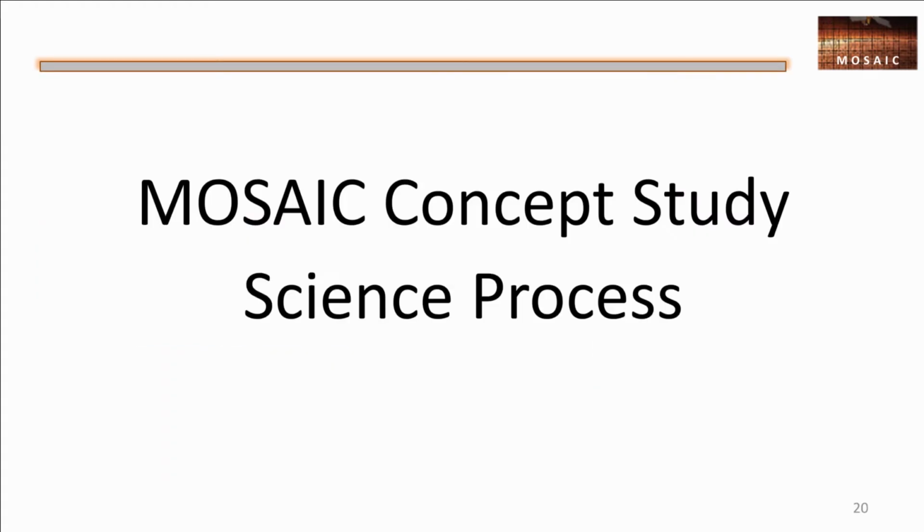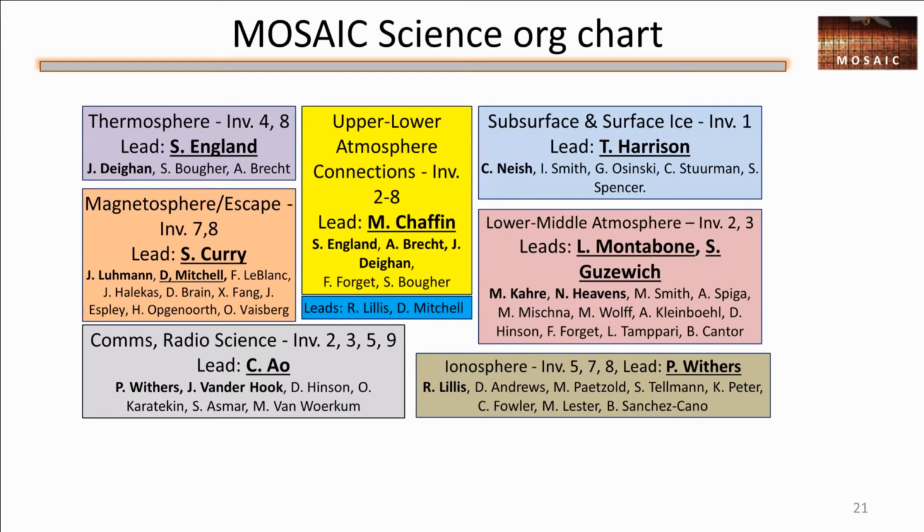Okay, so the concept study process that we went through, I'll just spend a few slides talking about that, much as Wendy did. We divided up our science team into these 7 different groups. This enabled focused work to happen within the groups among people who are experts in those kinds of measurements.